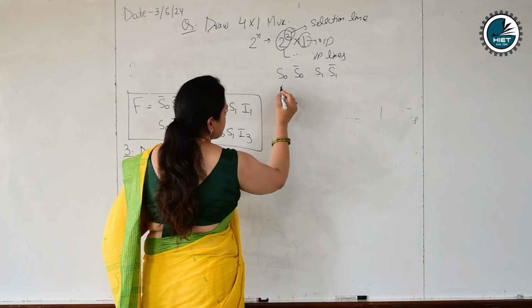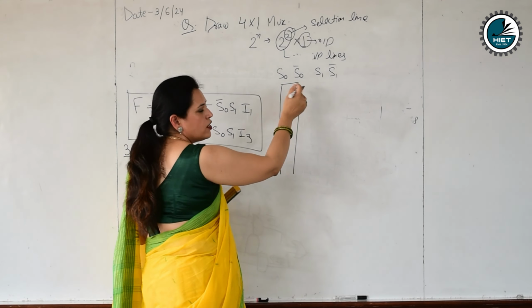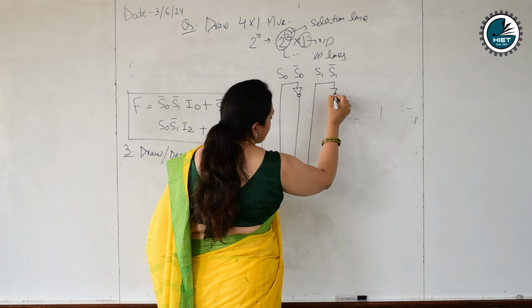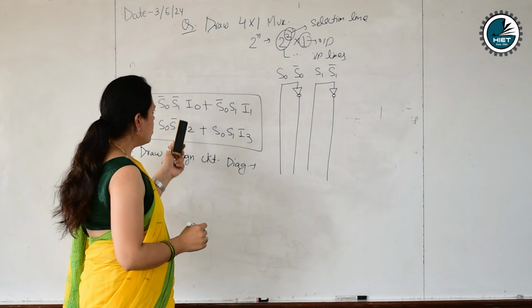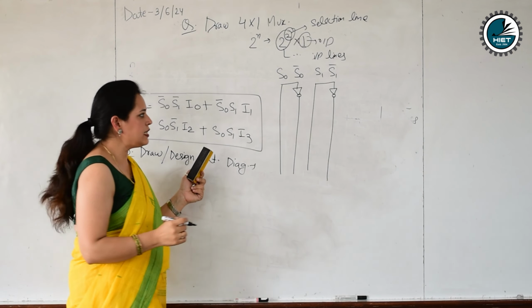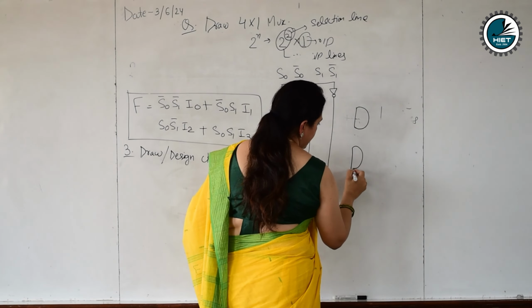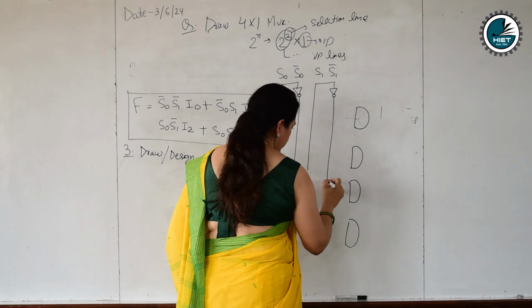These are the 4 lines. S0 bar we get by using a NOT gate. And this is for S1, and S1 bar we get by using this NOT gate. Now, here we are using 4 AND gates. First one, second, third, and fourth.